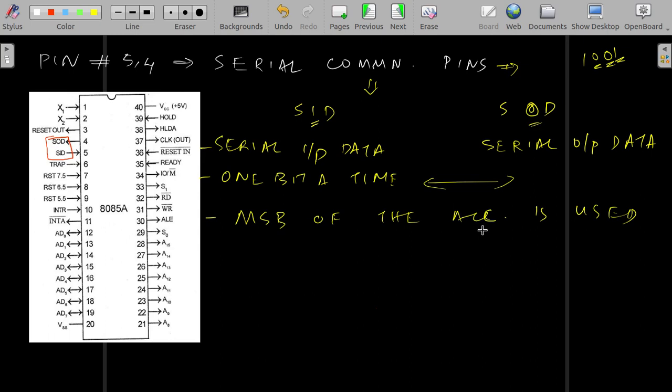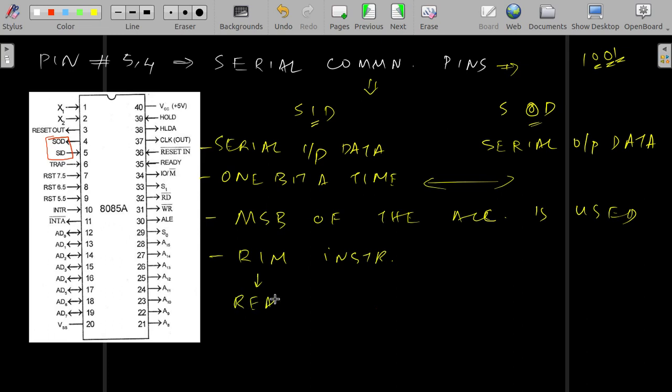So what do we do? If you want to read some data, you go and check the MSB of the accumulator, and whatever data is there, you use that. When you want to send some data, you put whatever bit you want to send into the MSB of the accumulator, and you do something. What do you do? You use the RIM instruction. What is RIM?